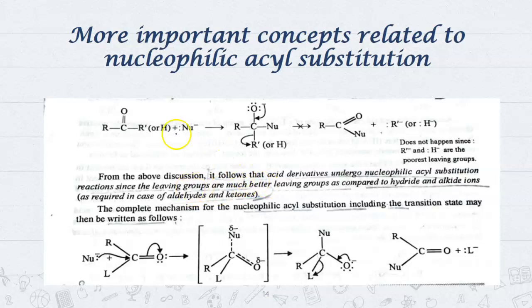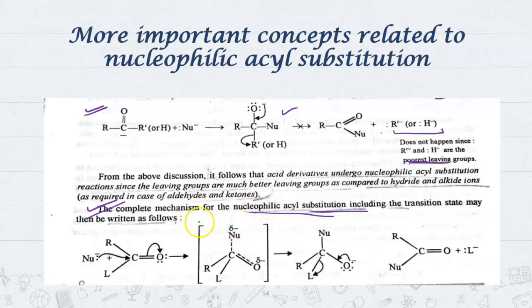This is how you can see the mechanism of the same, where the nucleophile attacks your electrophilic carbon, and the tetrahedral intermediate is formed like that. But this does not proceed further. Why? Because both of these are the poorest leaving groups, correct? Which is why aldehyde and ketone do not undergo nucleophilic acyl substitution reaction. And this is the complete overall mechanism for nucleophilic acyl substitution of your acid derivatives, correct?